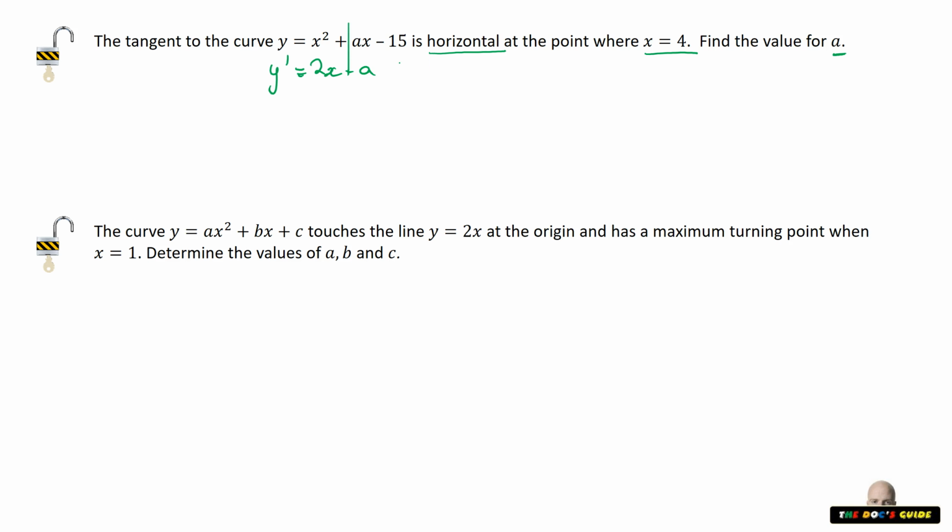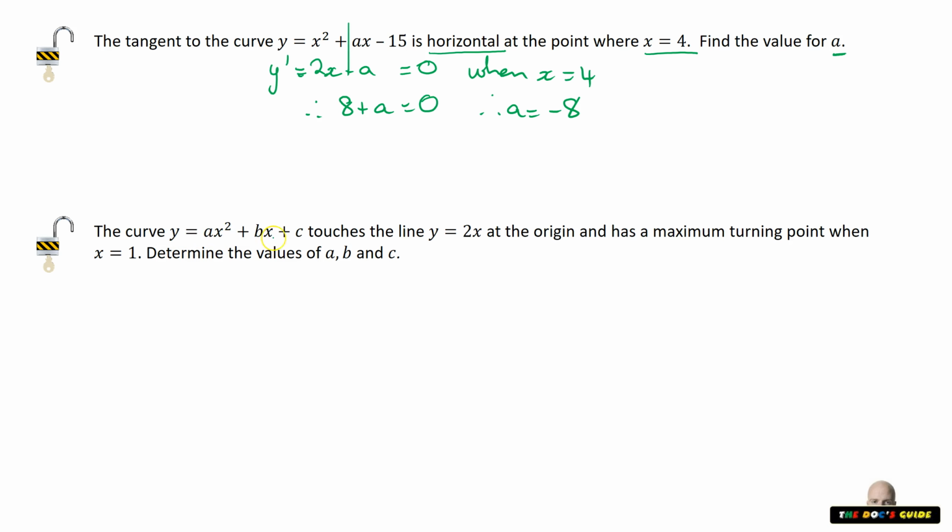And we want that to be horizontal, so we want y dash to equal 0 when x equals 4. So when x is 4, we'll have 8 plus a equals 0, therefore a equals -8.